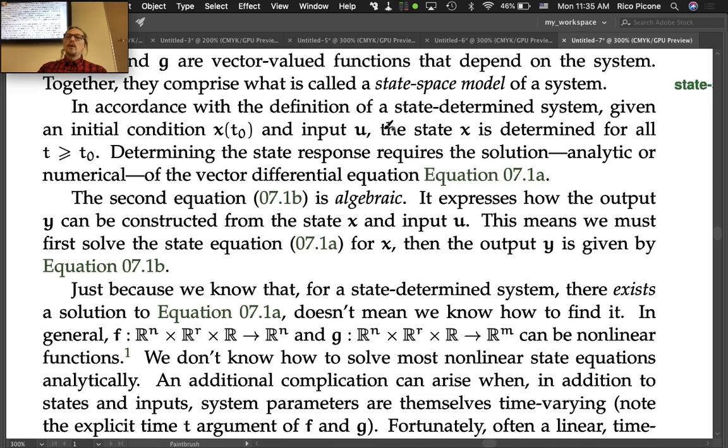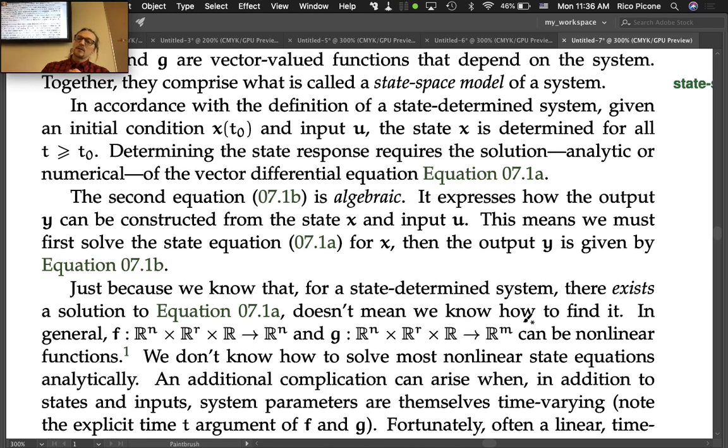Just because we know that for a state-determined system there exists a solution to 7.1a, the state equation, doesn't mean we know how to find it. Oh wow, state-determined system, we have a state equation, so there must be a solution, but that doesn't mean you know how to construct the solution. In general, f and g, the right-hand sides of these equations, can be nonlinear functions. We don't know how to solve most nonlinear state equations analytically.